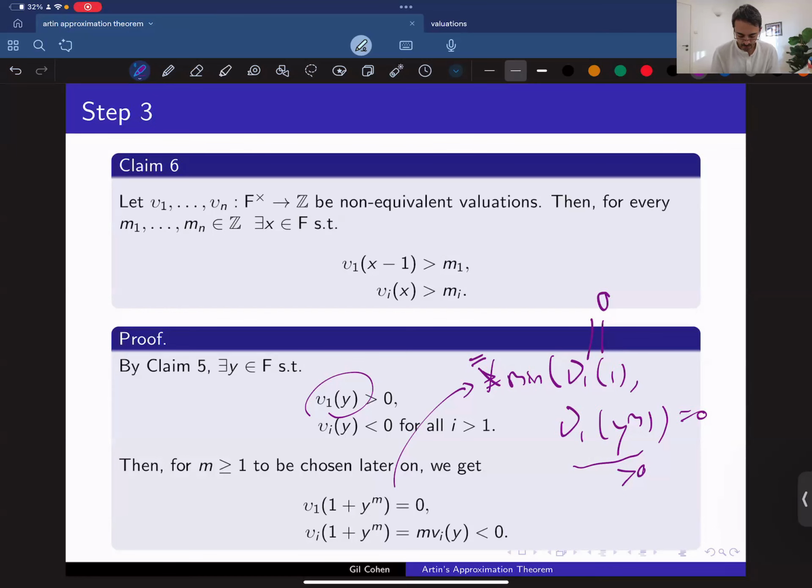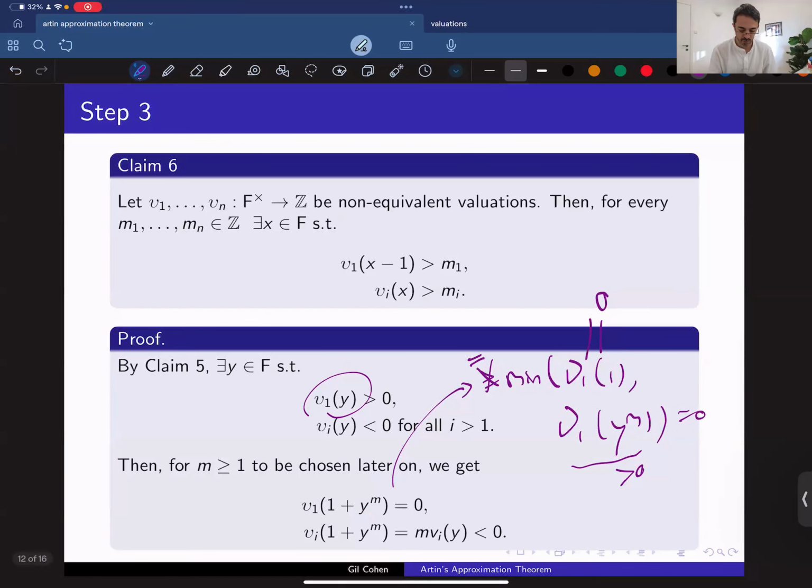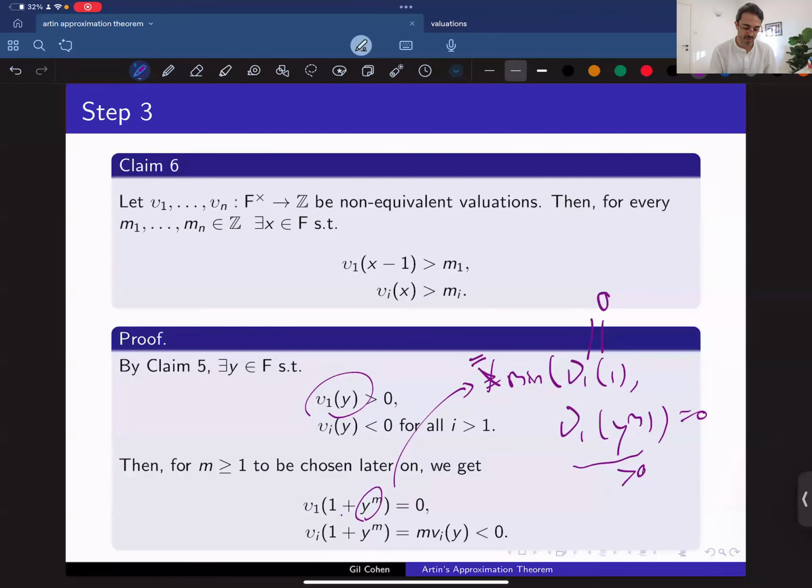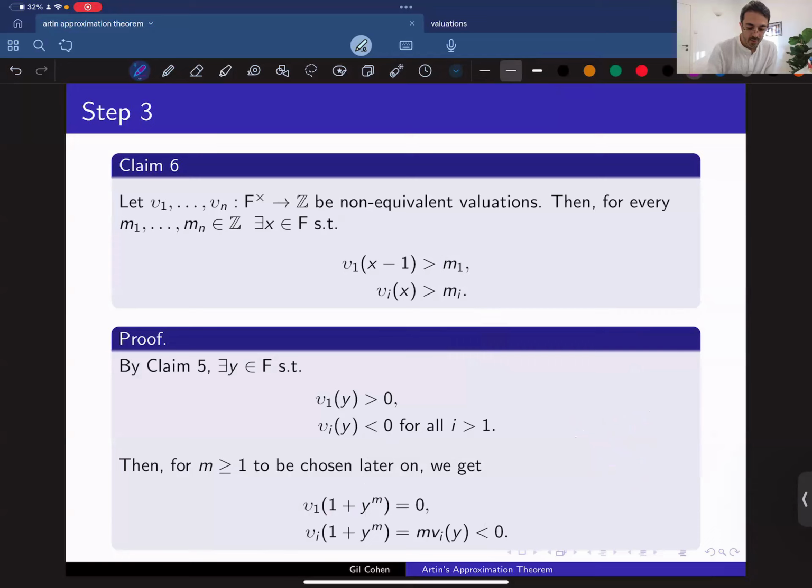But at an intuitive level, you can think of this as a function that vanishes at 0, and so this doesn't vanish at 0, right? Anyhow, let me just erase that. And that's all for every m. But what about the other line? So Vi of 1 plus y to the m.